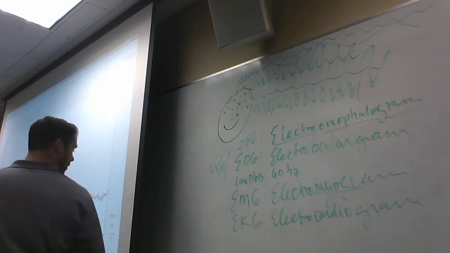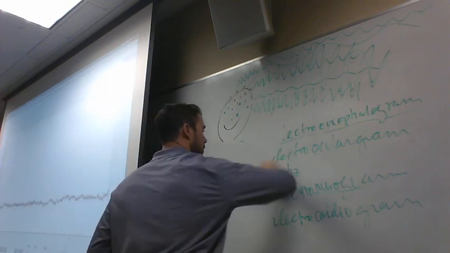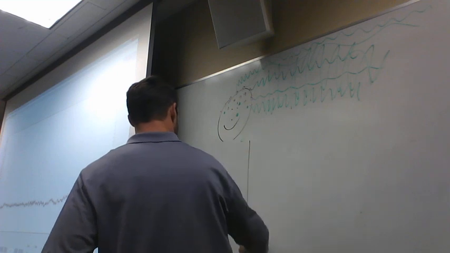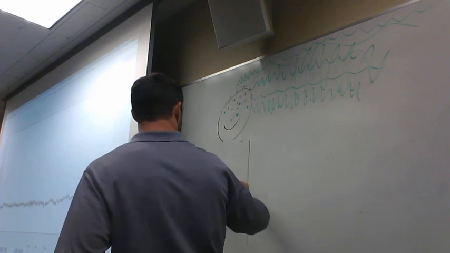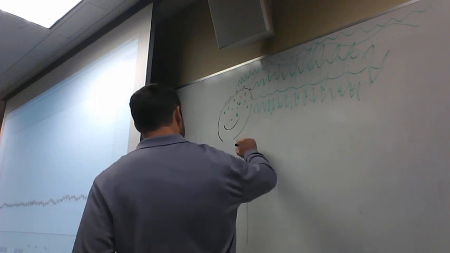Yeah, although we'll just simplify it here, okay? All you're going to do is we're always going to take this activity, and we're going to time lock it to time point 0, or stimulus onset.